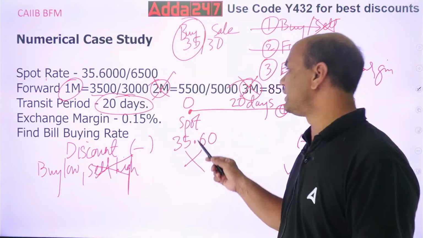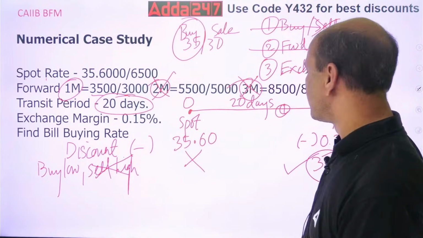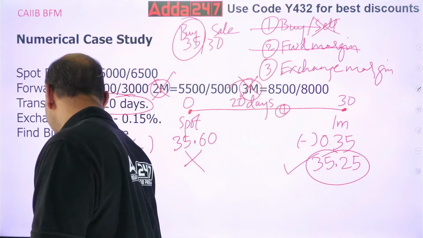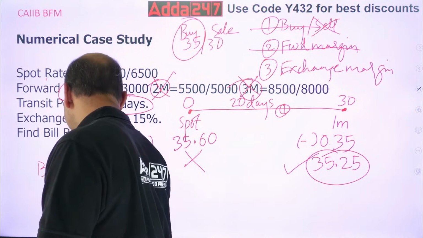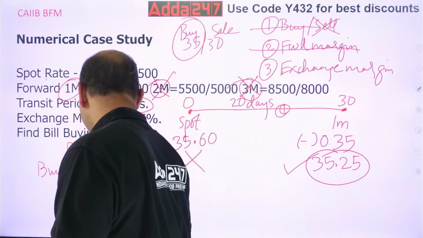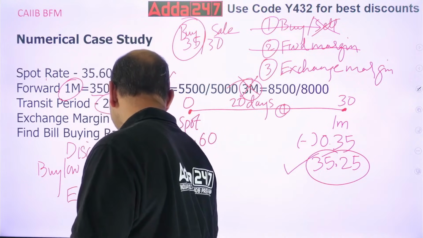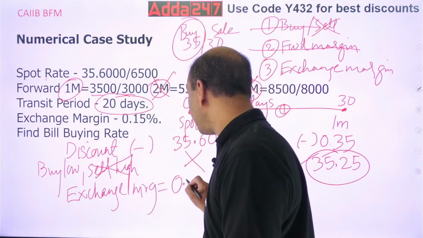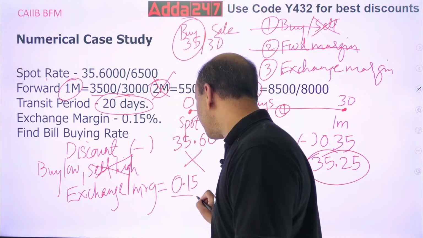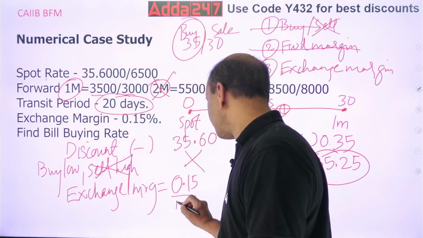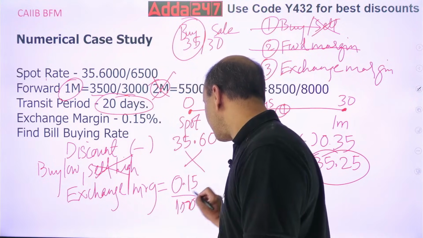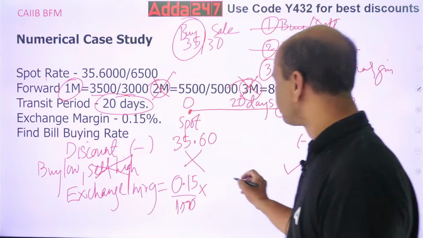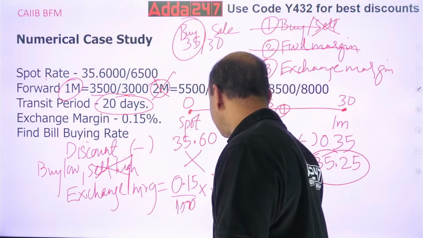So, solve this now. For finding the exchange margin, look at this. Exchange margin, MRG, equals 0.15%. Kindly note, 0.15 upon 100 into, what is the latest rate? 35.25.